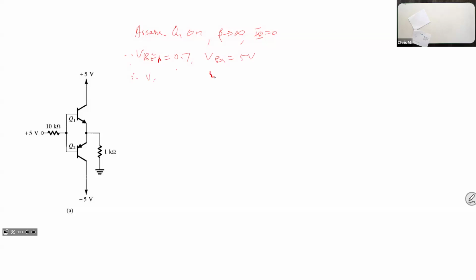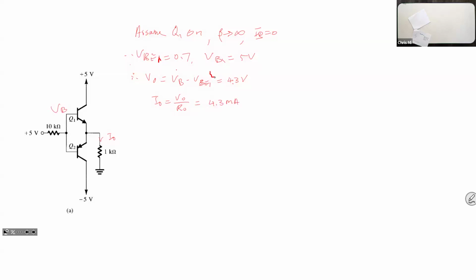Therefore we have VO equal to VB minus VBE1, equal to 4.3 volts. And then IO, we found it to be VO over RO. That gives you 4.3 milliamps.